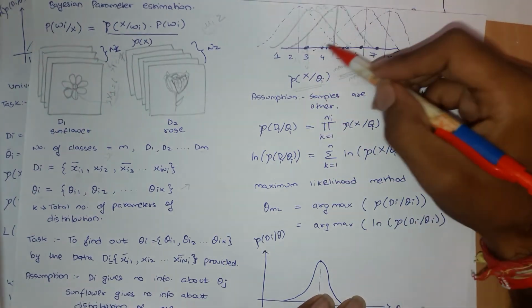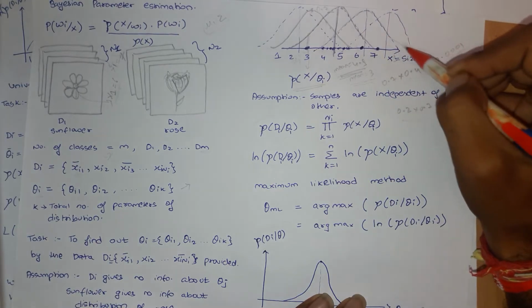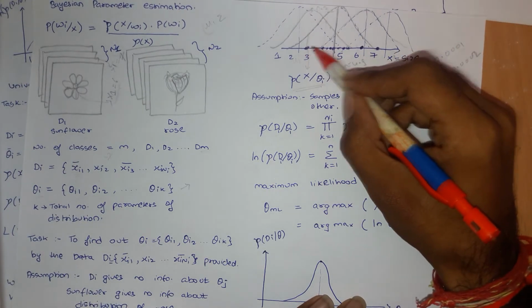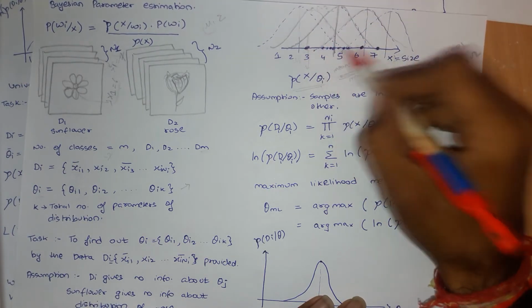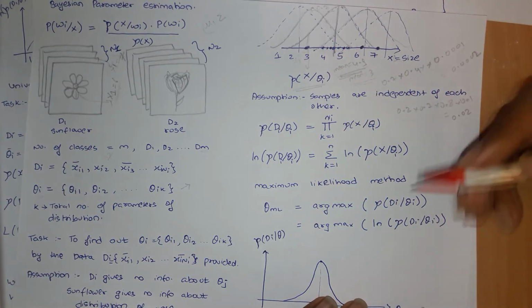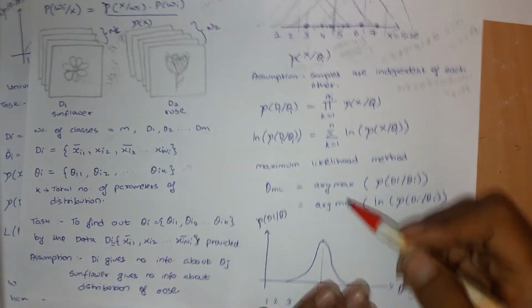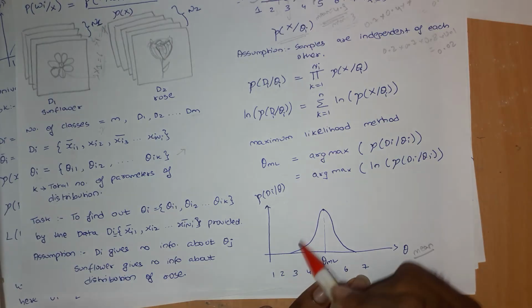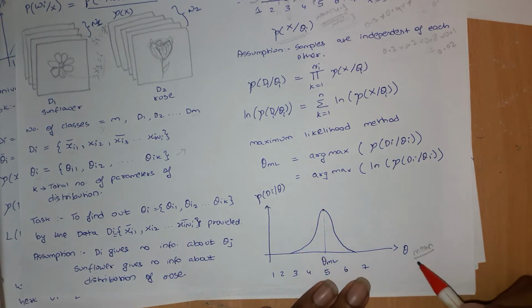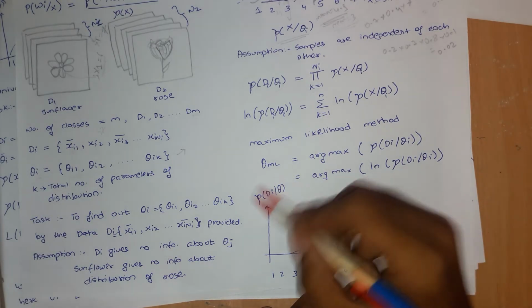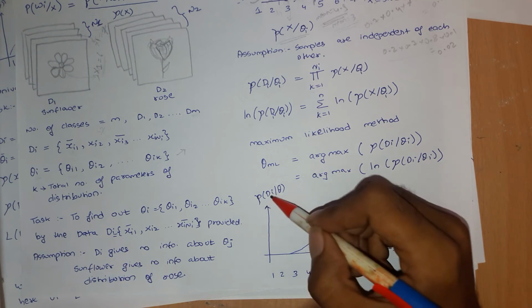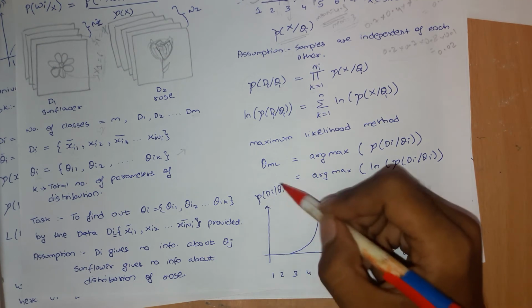So if you take a Gaussian like this, you can see there is this data sample which is very far away from the Gaussian, so again the probability will go down. This is essentially the graph that you will get if you plot the mean versus the probability that the data di follows that particular mean.